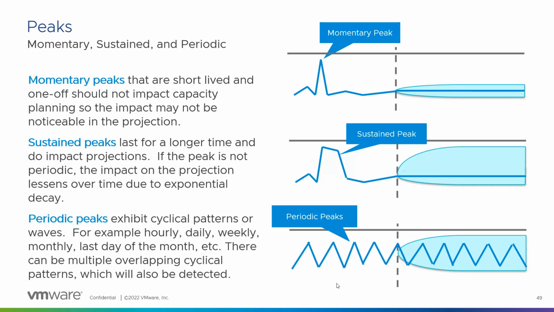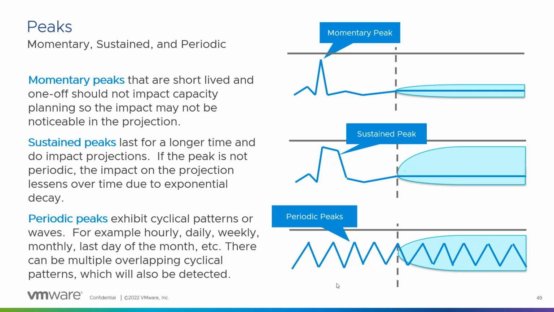Sustained peaks. These are peaks that last for a longer time. These are ones where you start to say, that looks suspicious. Maybe that's something that's going to happen again because it lasted for so long. That's when you think, yeah, I can't ignore it. It may not be anything, but let's make that part of our projection.